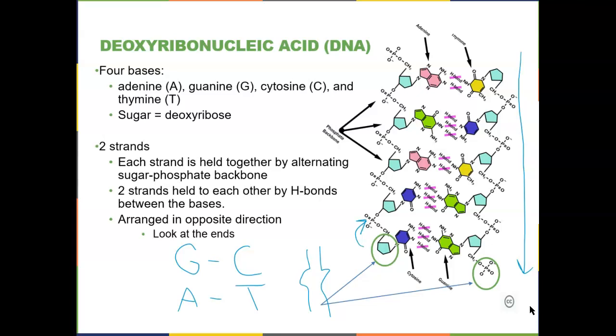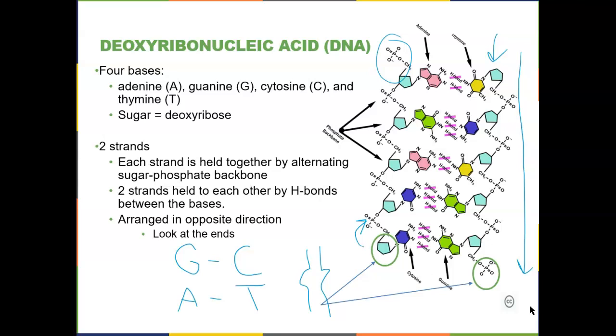And then on this side, you have the free phosphate that is exposed. And then if you look up here, it's just the opposite. So if this is the sugar end down here, this is the phosphate end up here, and then this side has just the sugar exposed. So there's directionality to the two strands, and they both run in the opposite direction.